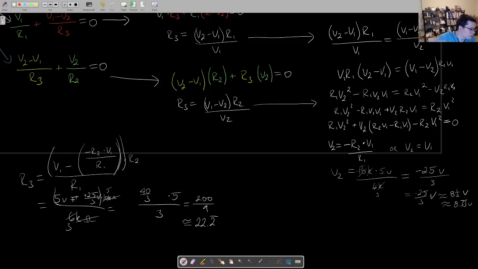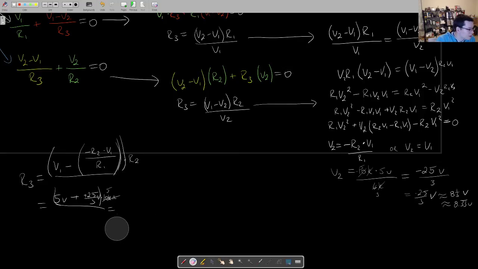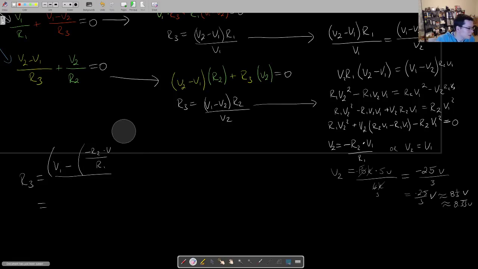Volts in here. Volts divided by volts. Goodness gracious. That's not R1. Let's just start that whole mess over because that was not correct.